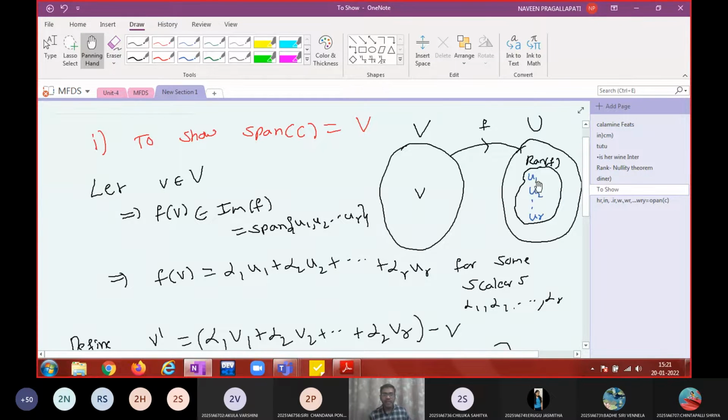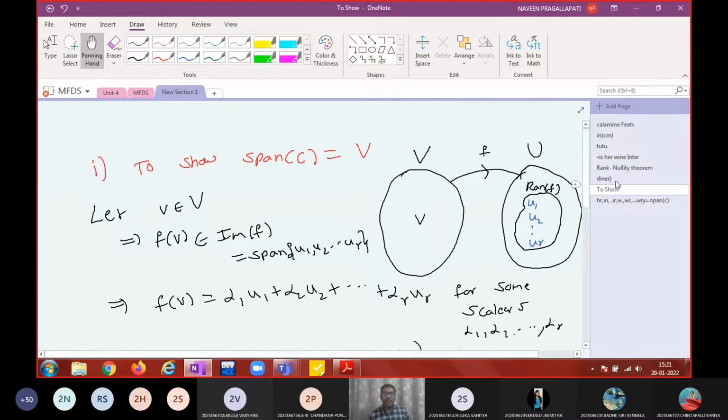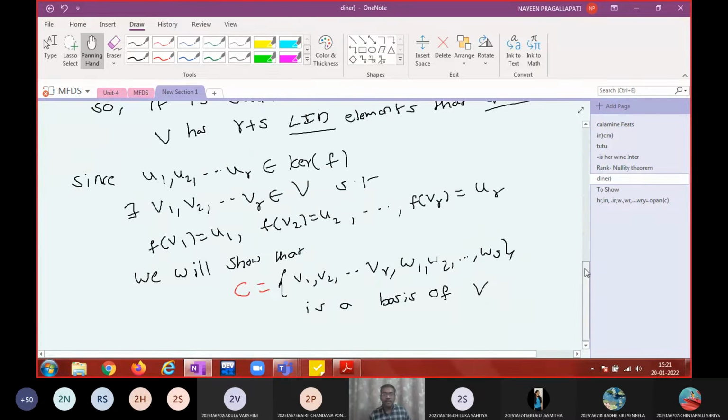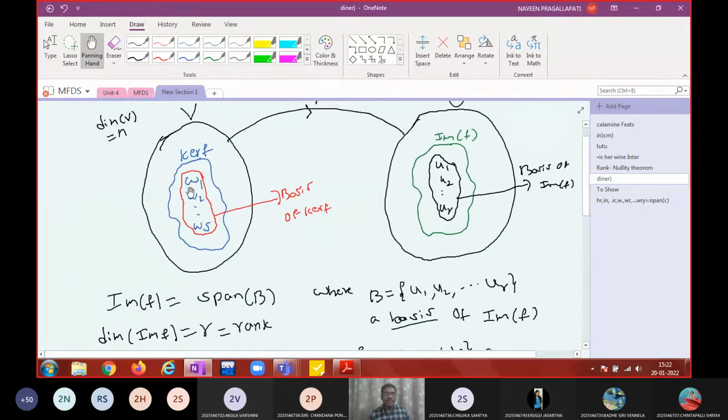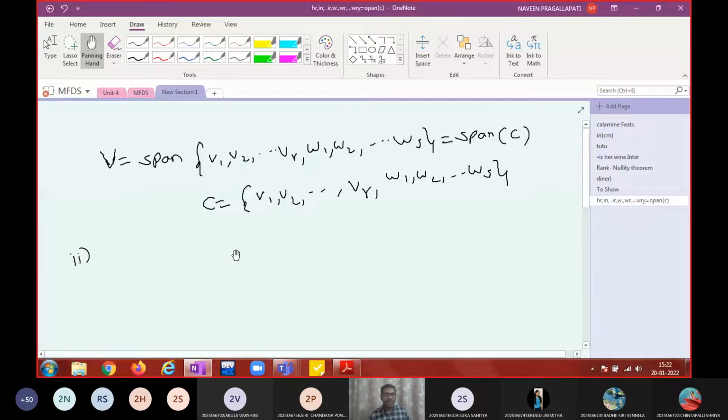What are u1, u2, ur? They are the basis elements of the range space. v1, v2 are the pre-images. And what are w1, w2, ws? w1, w2, ws are the basis elements of kernel f. So basis elements of the kernel and pre-images of basis elements of the image are going to form the entire V dimensional space. Shall I proceed?